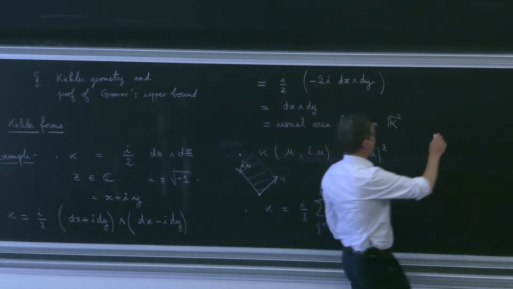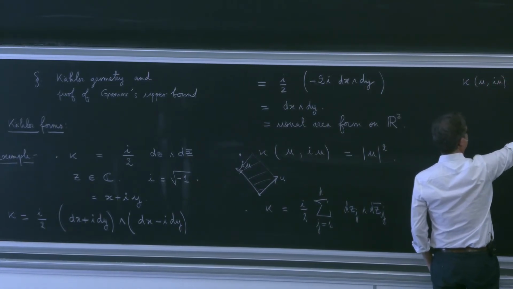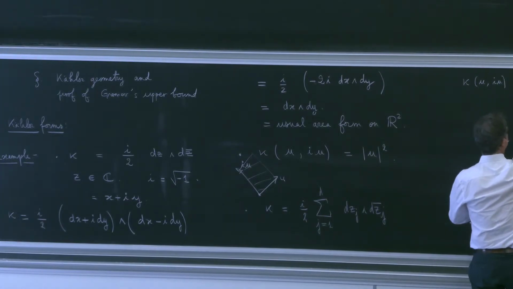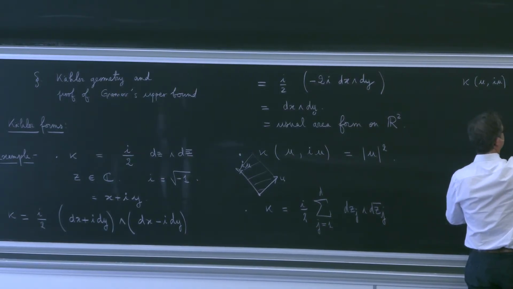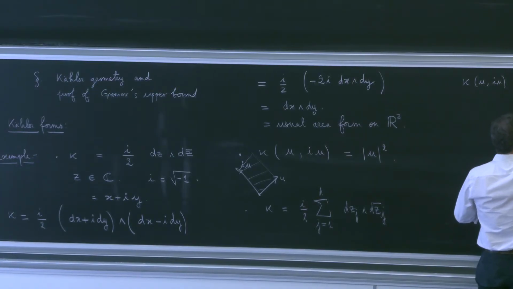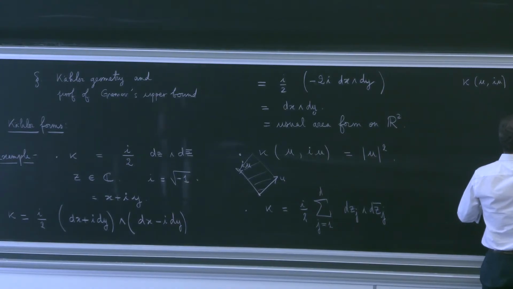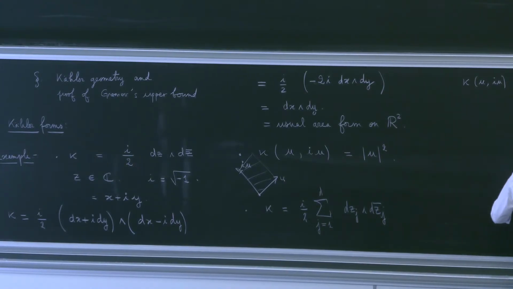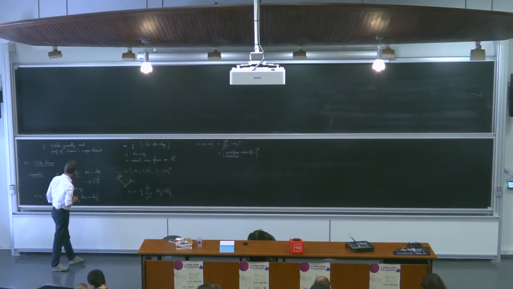Then I get the fact that kappa of u, comma, i times u is the sum of the coordinates of u squared, or modulus squared. And so it's the Euclidean, or if you prefer, Hermitian norm of u squared. Okay, so this was an example.